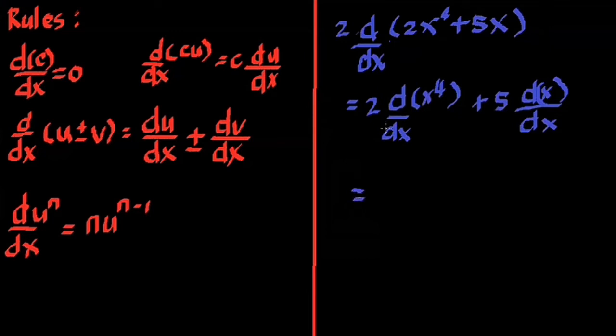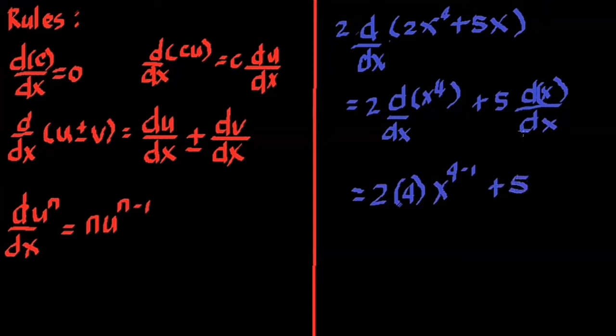So we could simplify our answer by applying the power rule in this term, with 4 as our exponent. So we have to bring down our exponent, then write our base, then copy the exponent and deduct it by 1. So that is 4 minus 1, plus the next term, which is 5.